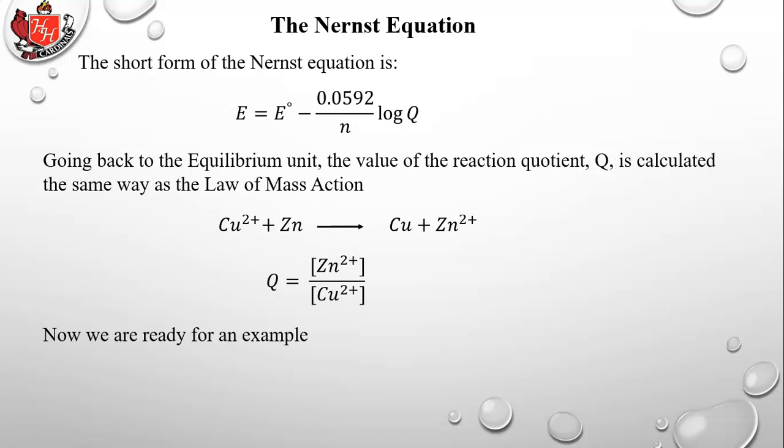Go back and look at the electrochemical cell a few lessons back, and you'll see that the copper 2+ is in solution, it's aqueous, and the zinc 2+ is in solution, it's aqueous. So the only thing that goes into computing the reaction quotient is the zinc over the copper. The concentration of zinc over the copper will be that. So now we're ready for an example.